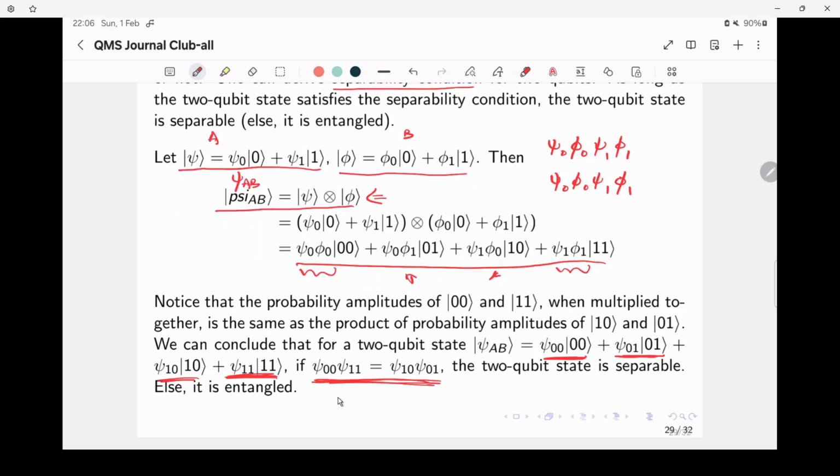If they are not equal, then it is entangled. So this is one way for you to quickly identify whether or not your two qubit state is entangled.